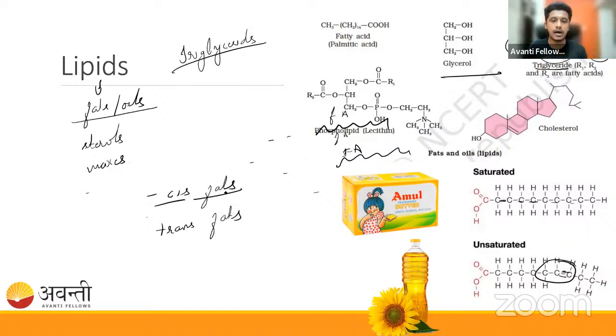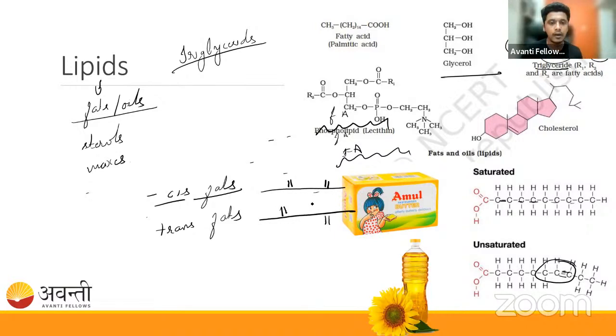Cis fats are the structures where you have double bonds. For example, if you have a chain of fatty acids and the double bonds are present on the same geometric side, that is called cis fat. What is trans fat? If the double bonds are present on different geometric sides, it is called trans fat.